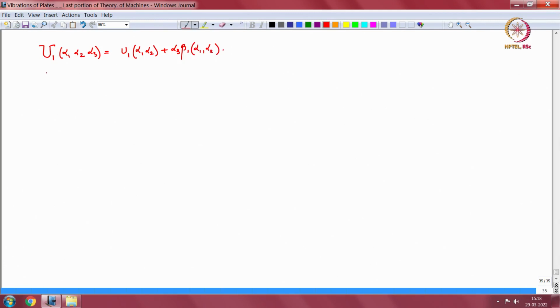So now u2 similarly can be written as small u2, now only on the middle surface, plus alpha 3 beta 2. Other than alpha 3, everything else is a function of alpha 1 and alpha 2 only. Alpha 3 comes in explicitly.